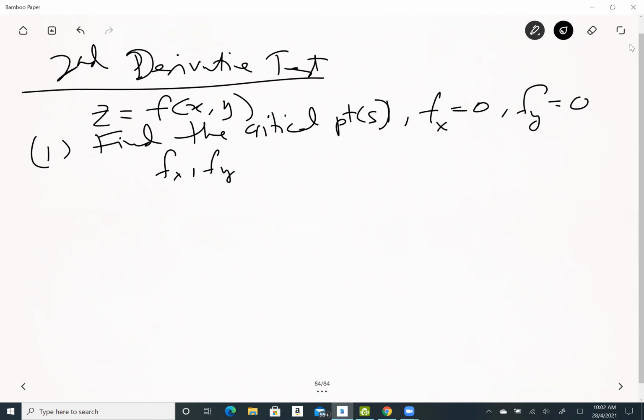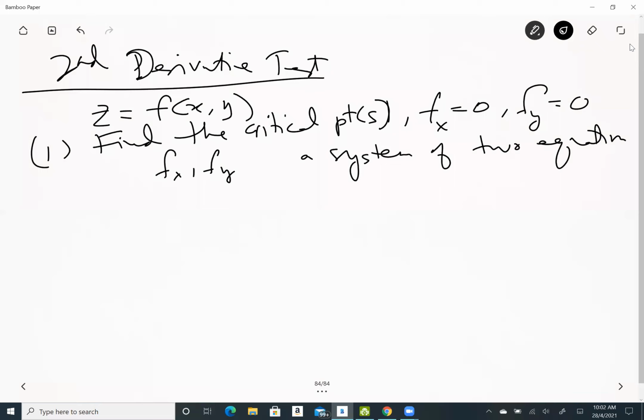When you have set that to 0, what you have is a system of two equations.